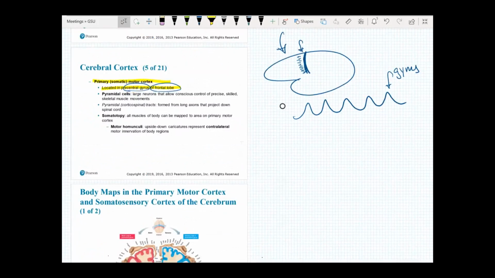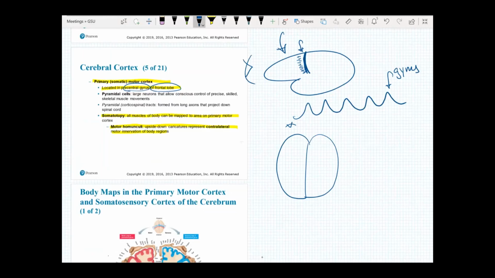The important thing for this one is going to be called the somatotopy, or this motor homunculus. Homunculus or homunculi, I've heard it pronounced both ways. Basically, if this is your brain, here's right, here's left, this is the front, and here are my eyeballs.